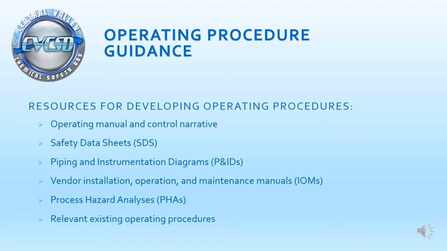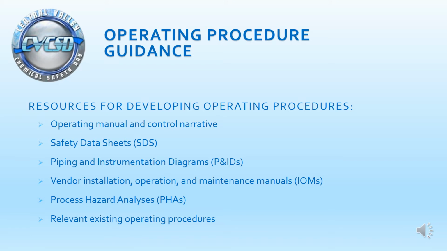So some resources for developing operating procedures: the operating manuals, control narrative, safety data sheets to understand safety and health hazards of the chemicals, piping and instrumentation diagrams for equipment, valve ID numbers, other useful information in the P&IDs that should be referenced or just specifically included in these procedures.